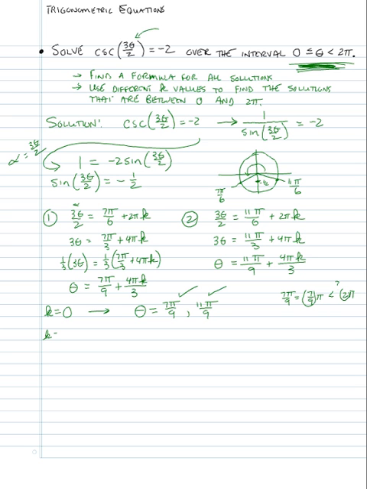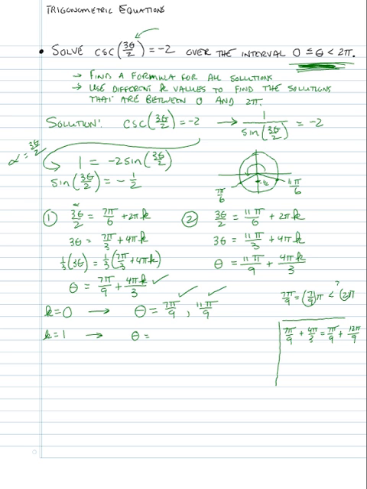So now let's try k equal 1. When we try k equal 1, the first formula gives me 7 pi over 9, when k is 1, plus 4 pi over 3. So I'm looking at the formula there. When I add those together, I'll have 7 pi over 9, but I've got to get a common denominator, so that's going to be 12 pi over 9, isn't it?